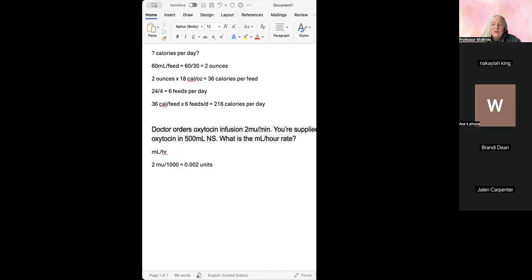Now we need to consider time because it is dosing in milliunits per minute and our infusion rate is in milliliters per hour. So now let's take our units dose and times it by 60 minutes in an hour. Okay.